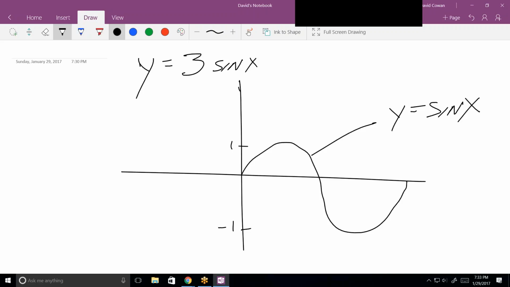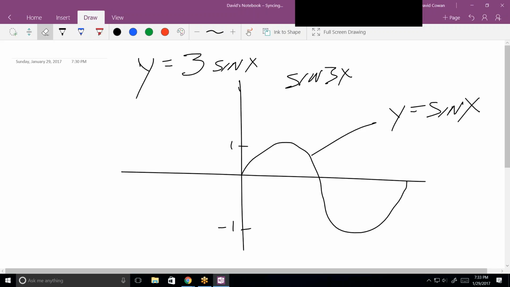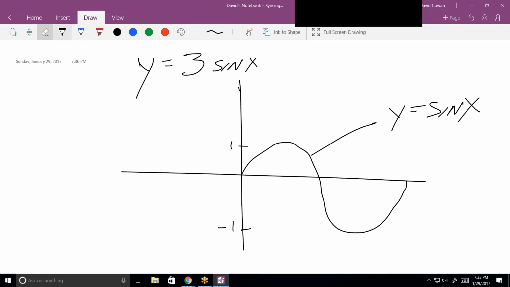In other words, here's some horizontals. That would be horizontal. That would be horizontal. That would be horizontal. You notice what I'm saying by being inside the function? Yes. Okay. And here are functions that are vertical transformations.